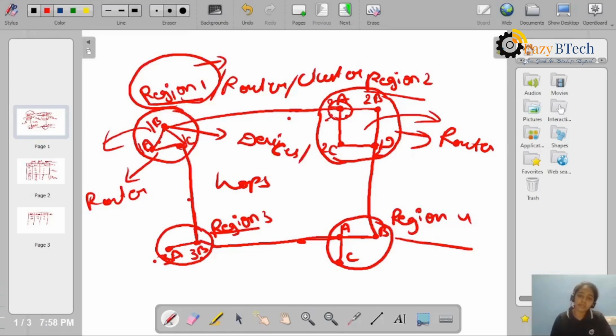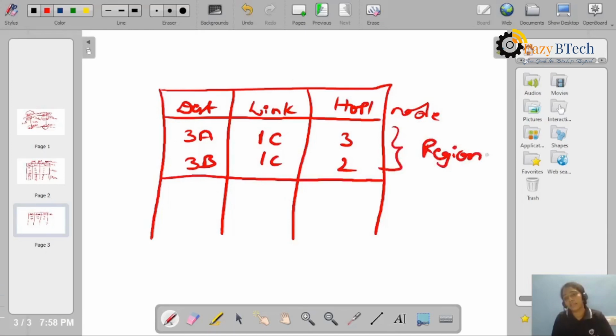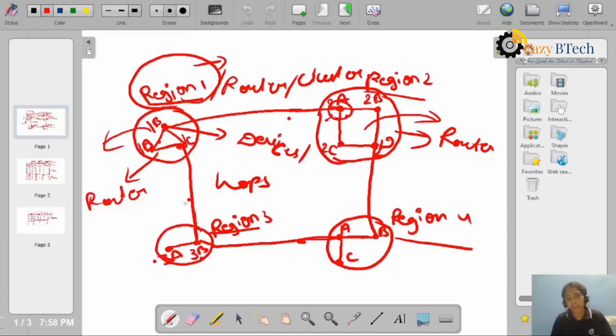This is the information about region 3, or cluster 3. Next, 4A is coming from 1C.